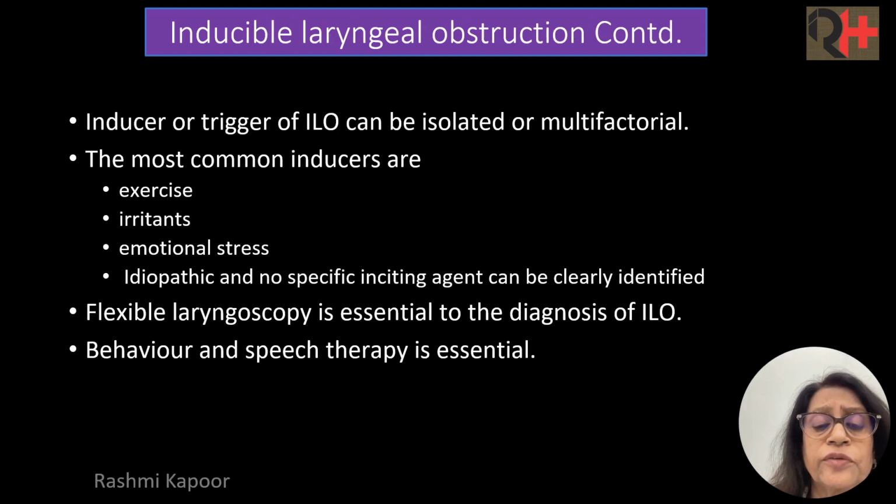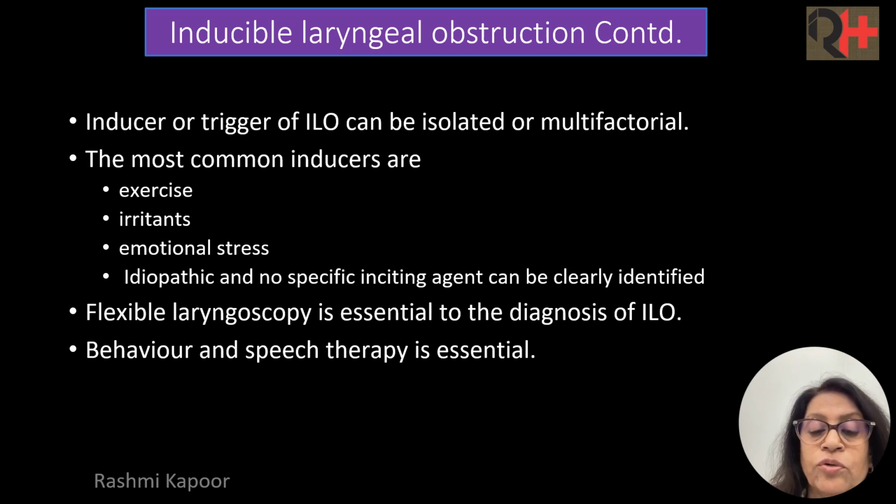The inducers or triggers of ILO can be isolated or multifactorial. The most common inducers are exercise, irritants, emotional stress, idiopathic, and sometimes no specific inciting agent can be clearly identified.